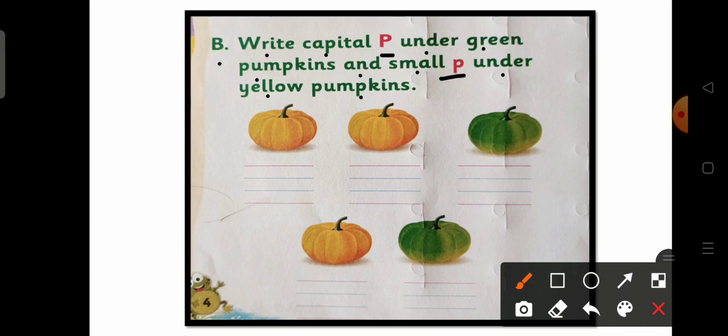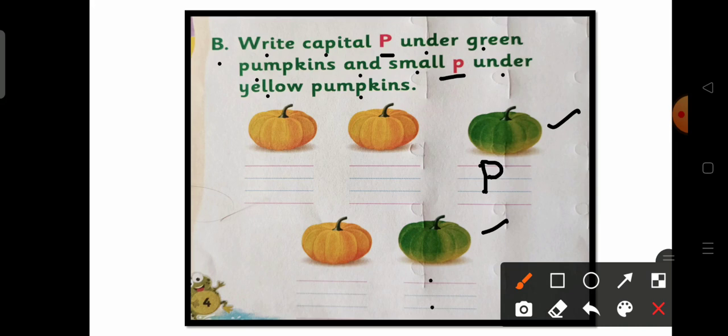We have to write capital letter P under green pumpkins. Capital letter P. Let's start. We are going to start from this red line till the second blue line. Capital letter P. Standing line and a curve from top till the center. This is capital letter P.